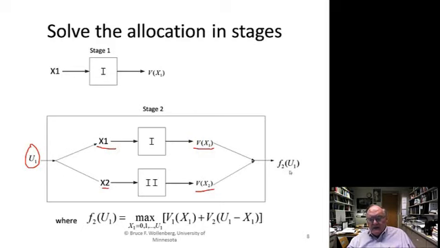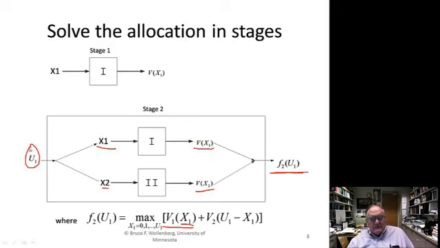Now, the maximum over here is the maximum of V1 of X1, and if I allocate X1 to V1, well then the other one is X2 is equal to U1 minus X1.